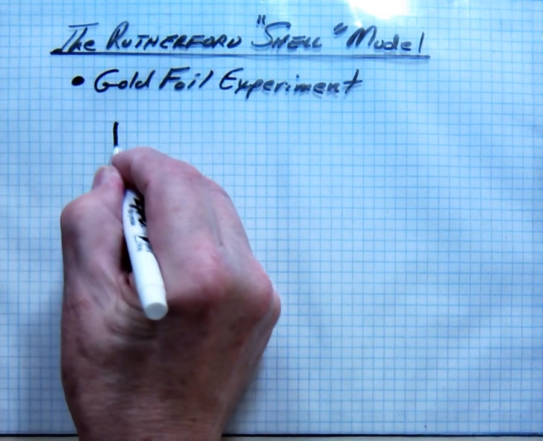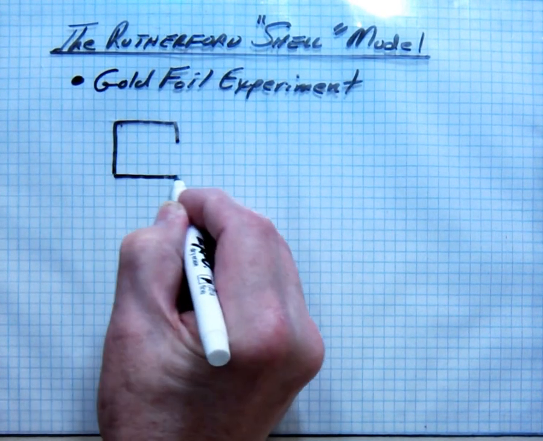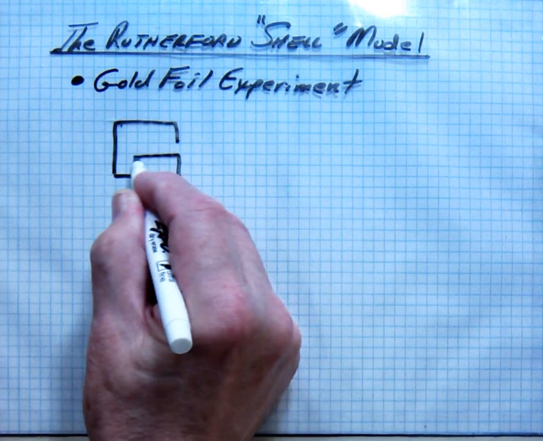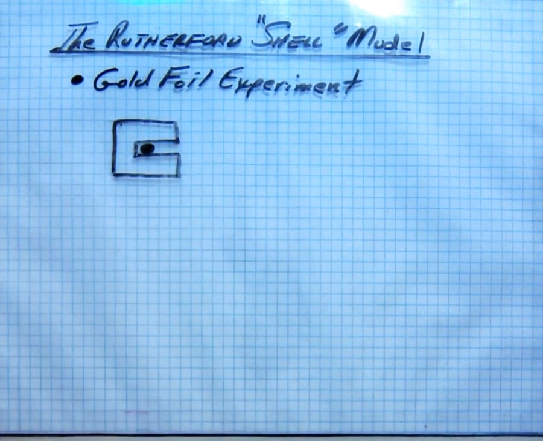Now, in this experiment, he had a lead block, and I'm drawing a crude representation, certainly, that he drilled a hole in, and he put in an alpha generator, a heavy element that generated alpha radiation. At that point in time, they knew about radiations, and certain elements like uranium gave off high quantities of alpha particles, which were nothing more than helium nuclei.